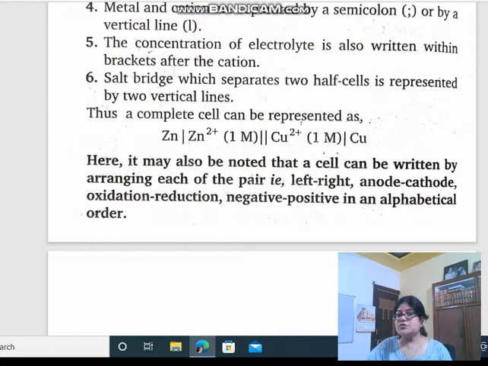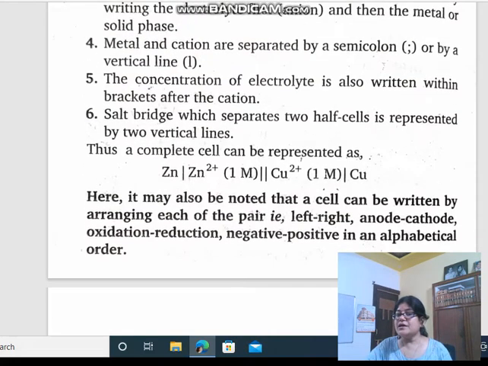Now what do these two vertical lines mean? These two vertical lines represent the salt bridge, connecting the two half chambers. Now again, this is copper ion, and its molarity is the concentration, and it is converted into copper metal. So when we write ions, there we write the molarity, the concentration.